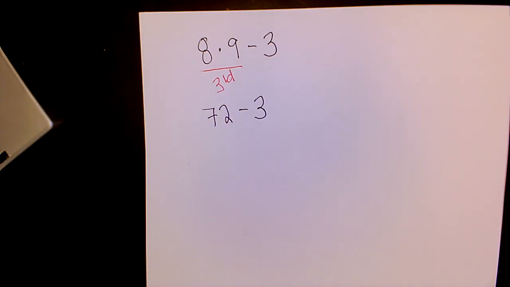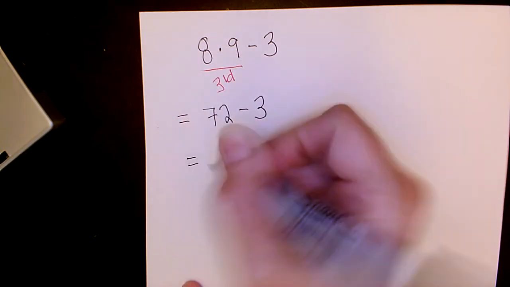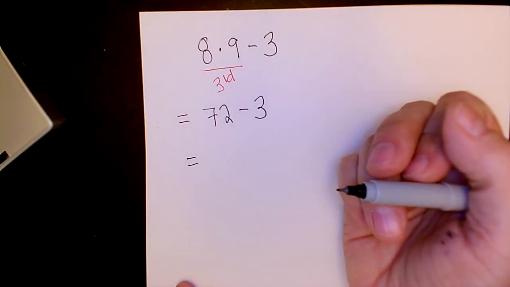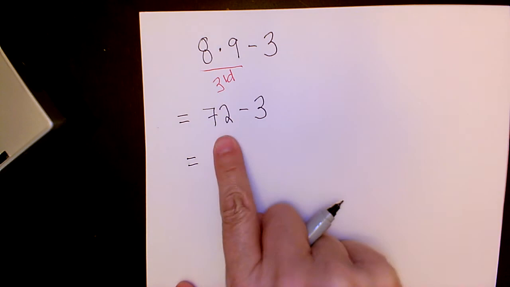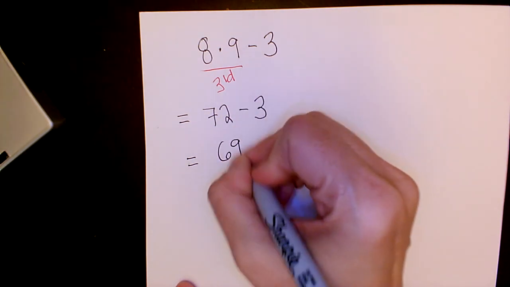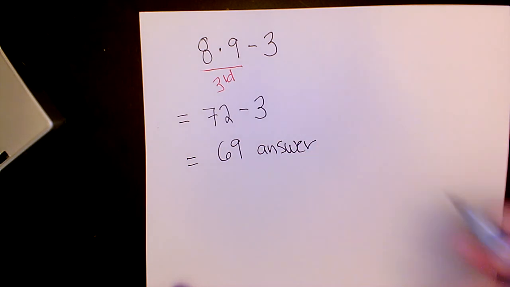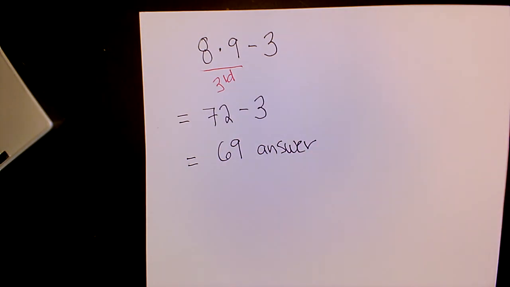That's 72. I'm going to bring down the minus 3. 72 minus 3. I'm going to do subtraction, add or subtract, left to right. I've only got subtraction. 72 minus 3 is 69, and that's my final answer.